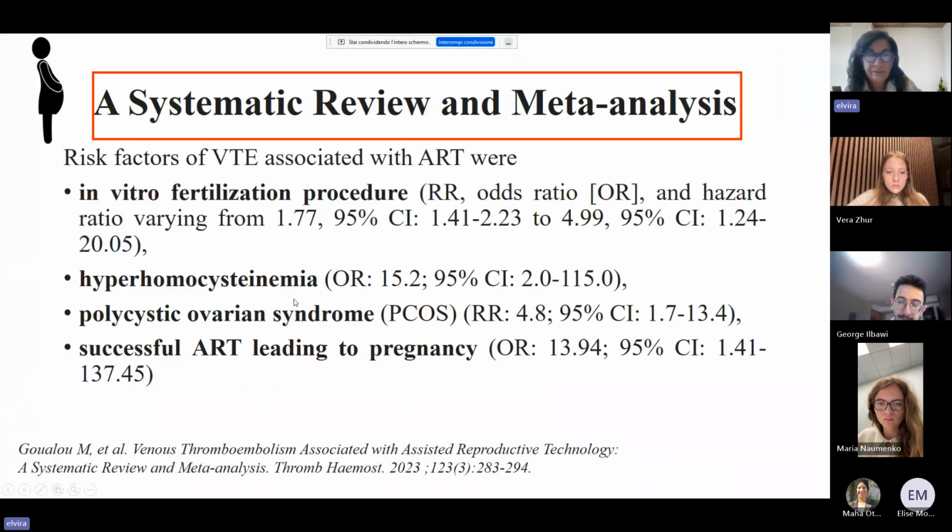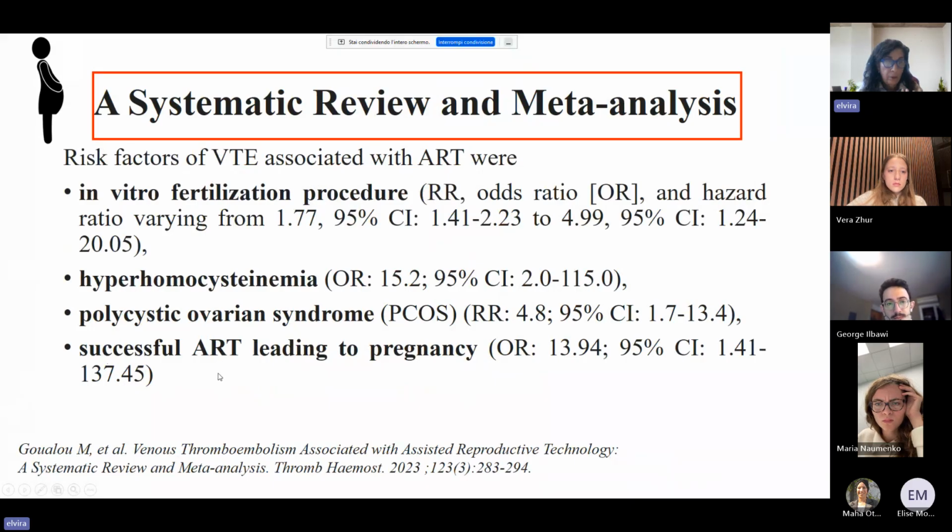we have that, as you can see, polycystic ovary syndrome shows a relative risk of VTE about 5 times higher. And again, when we have a successful IVF or ART cycle, meaning a cycle leading to pregnancy, we have about 14 times higher risk compared to an unsuccessful ART attempt.